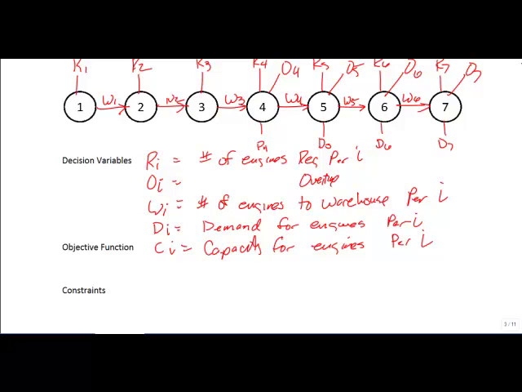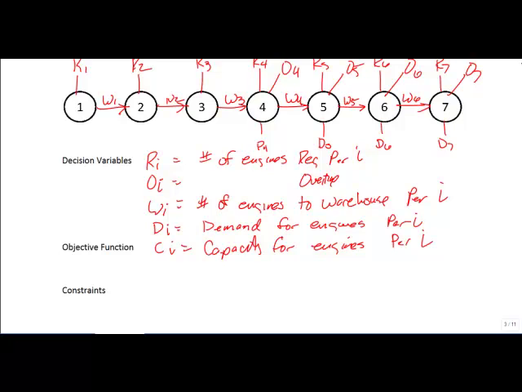Our objective, we want to minimize the cost, and we have two costs in this model. One is the cost of storing engines in the warehouse, $50 per month per engine, and the second is going to be the cost of overtime production, $400 per engine.